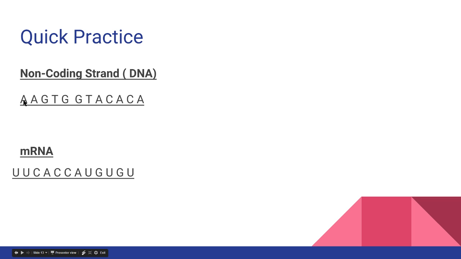You've got the uracil, cytosine, adenine, cytosine, adenine. See how this matches? You've got the T to the A to U, CG, AU, CG, AU.